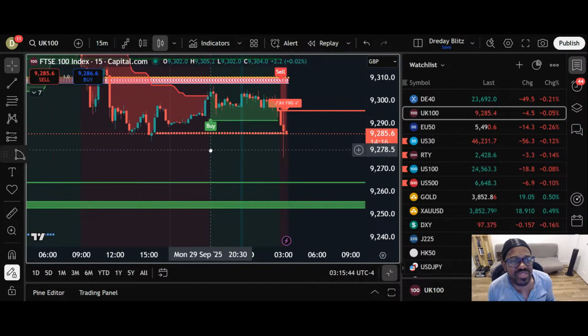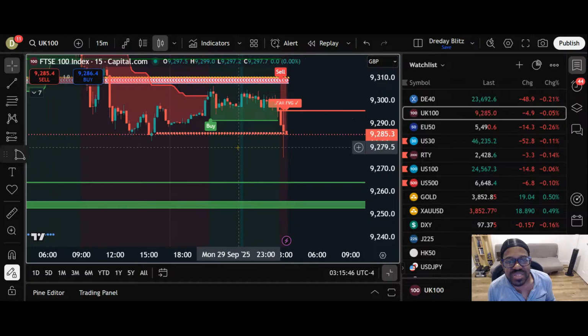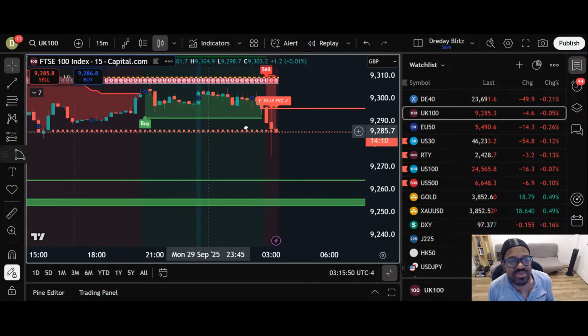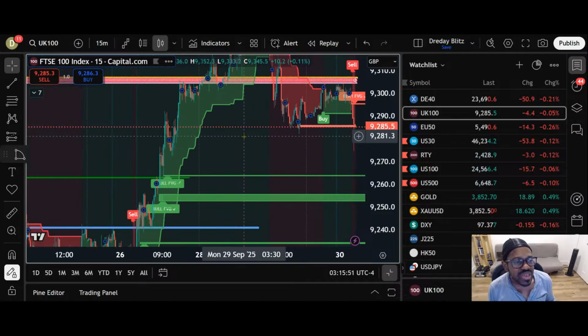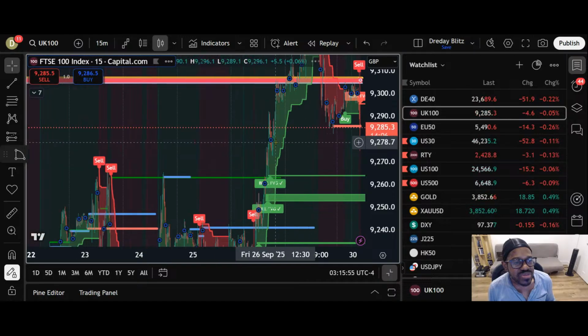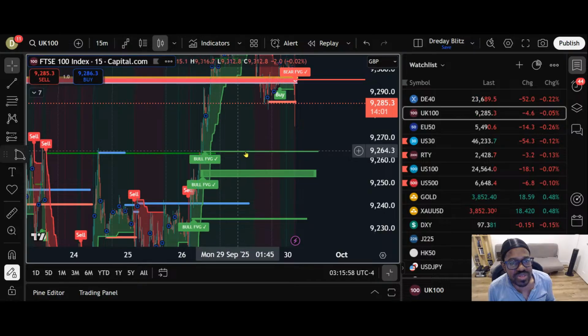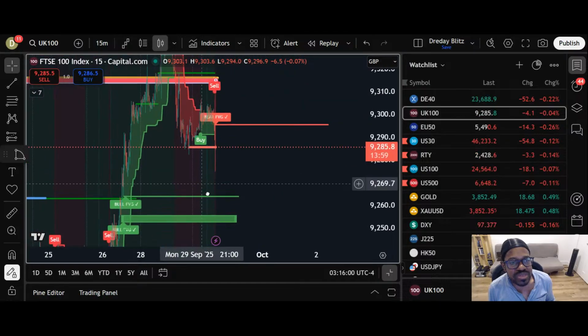Still looking. So right now it just passed a previous zone, went in, got a wick. And if we look at another zone here, we have one right here. So that would be my target here.